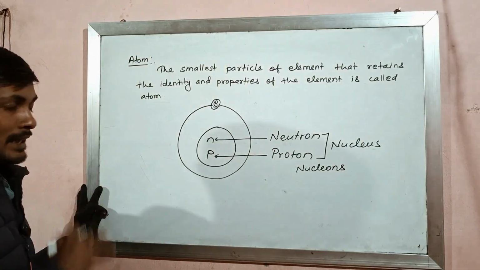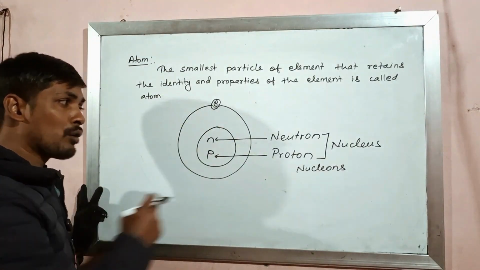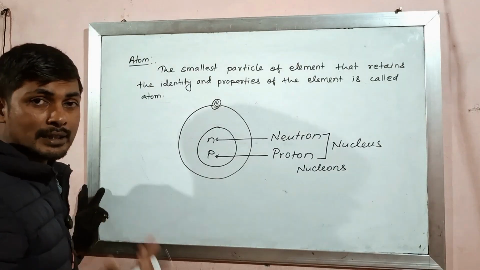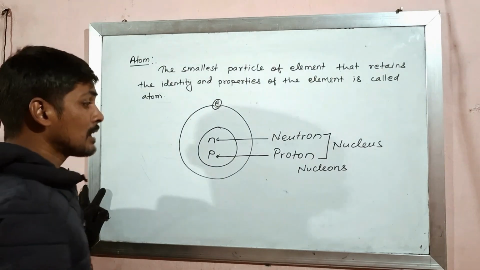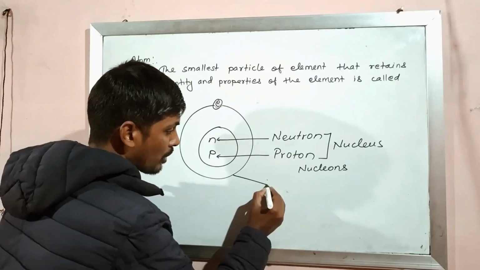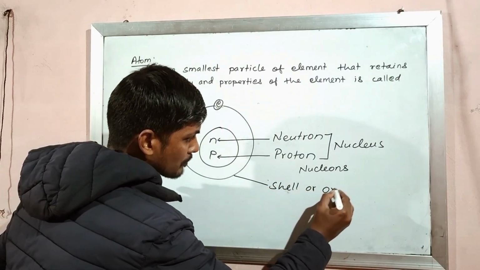Whereas the electron revolve around the nucleus of the atom in a circular or elliptical path. That path in which the electron revolve is called shell or orbit.